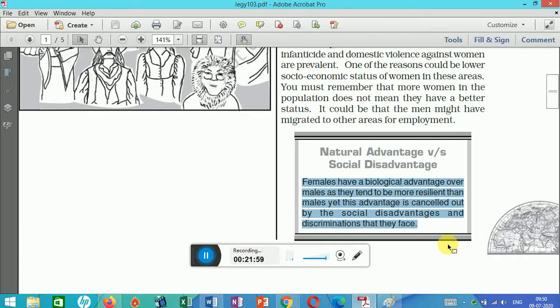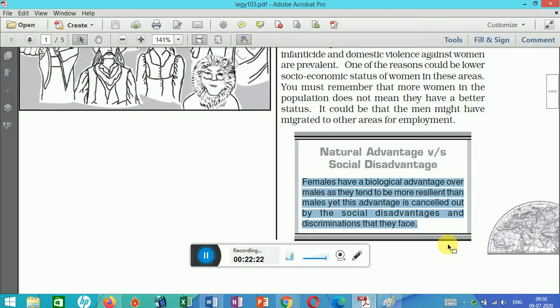But as you know, females are physically weak. That is the point mentioned here. We have biological advantage. Females have biological advantage, meaning IQ level is higher. They can do more work. They can do 2 works at a time also sometimes.